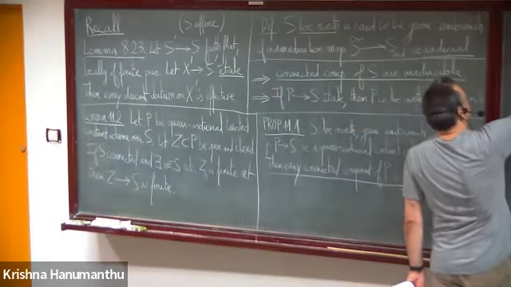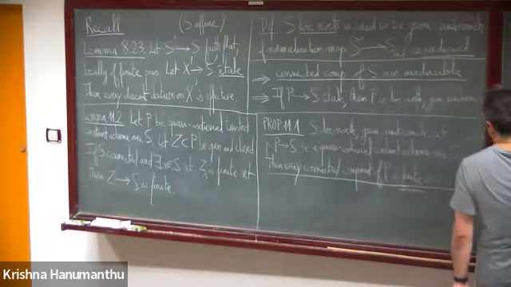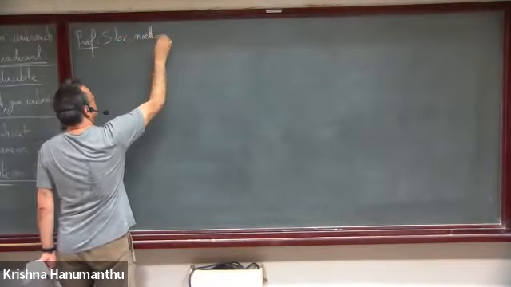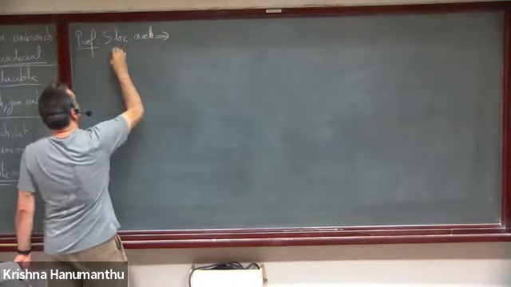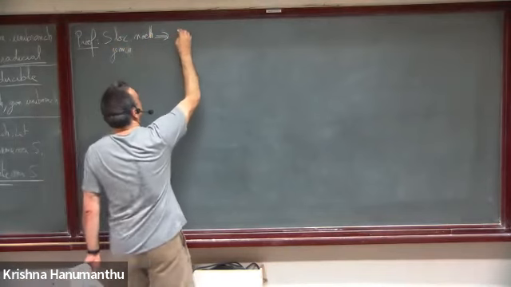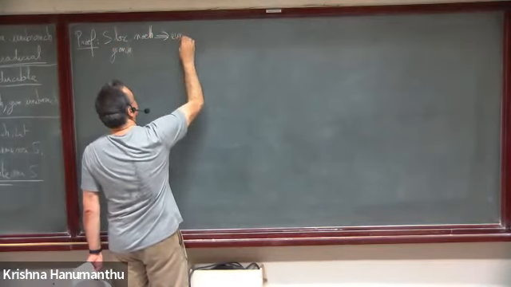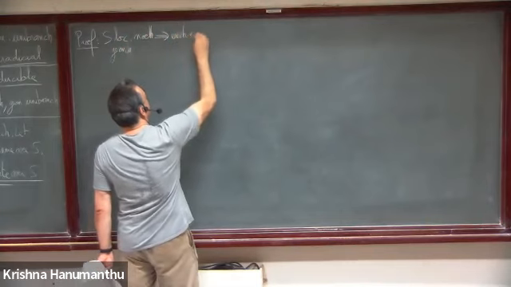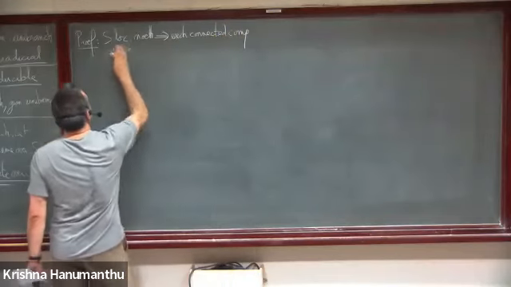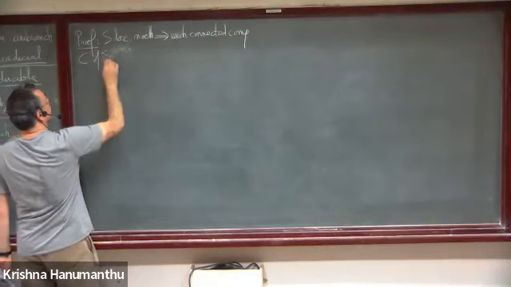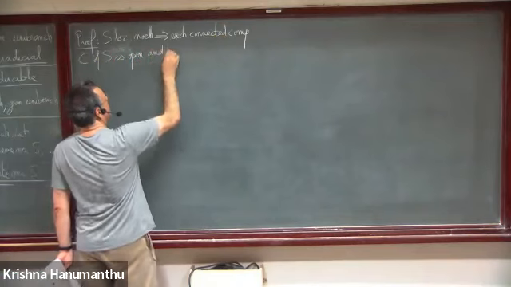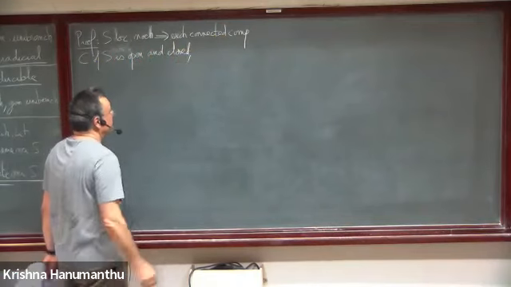This follows easily from the previous lemma. Since S is locally noetherian and geometrically unibranch, each connected component C of S is open and closed.